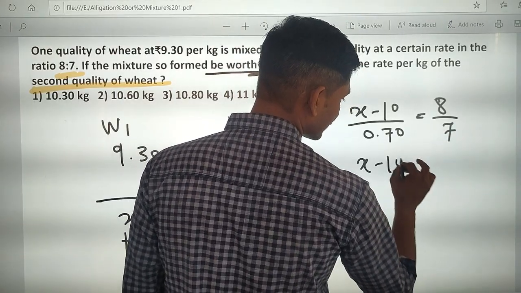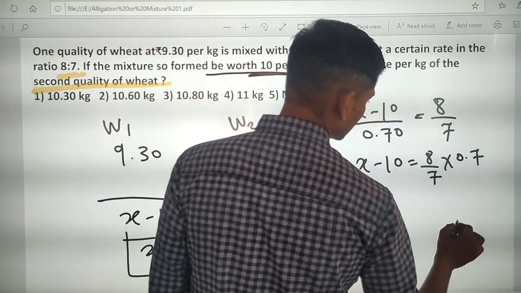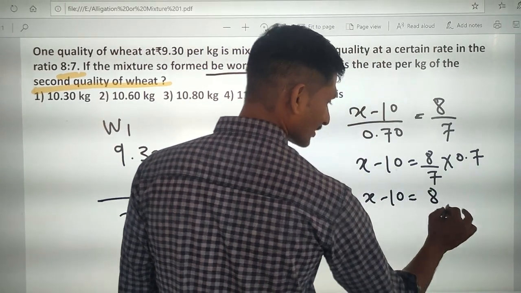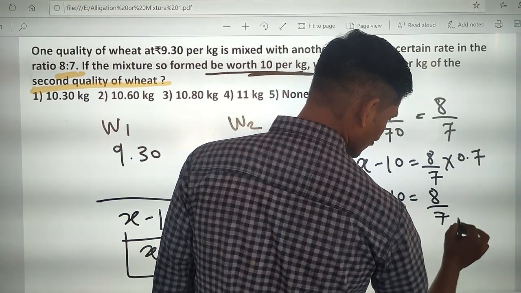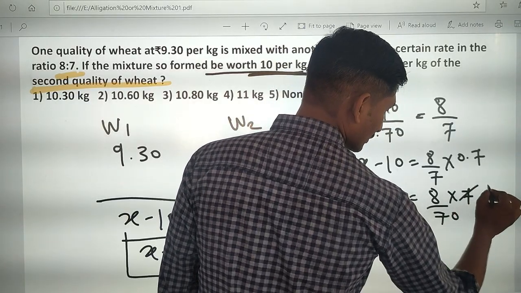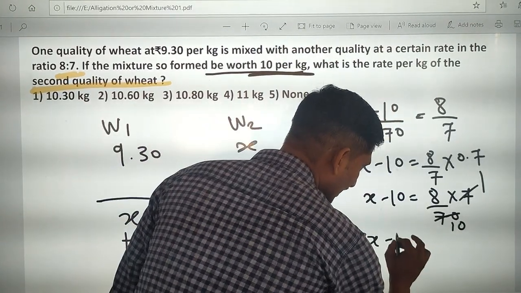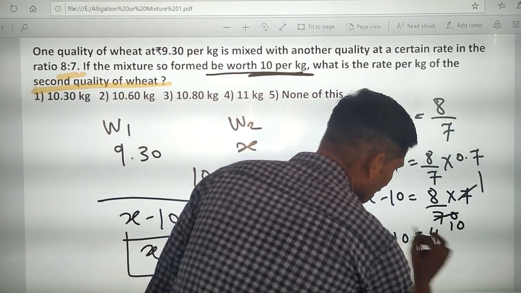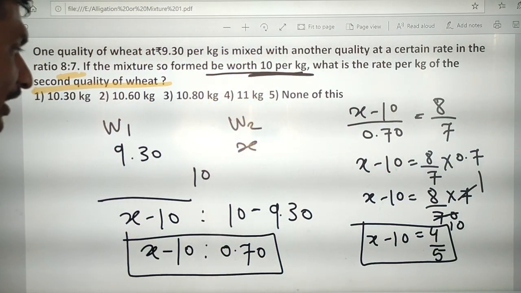Then x minus 10 is equal to 4 by 5. Then solve it.